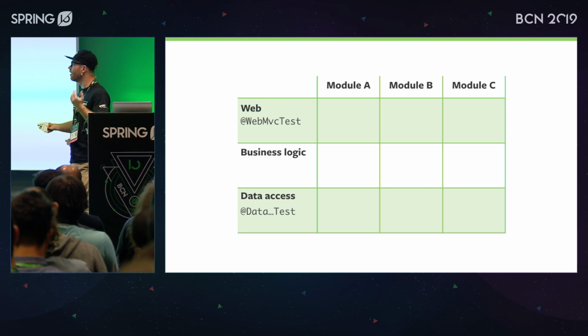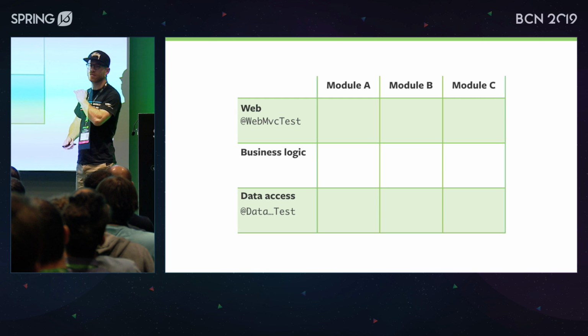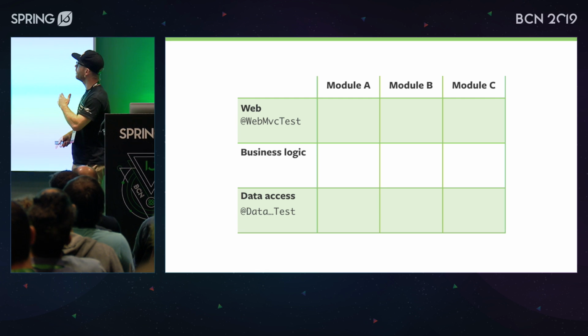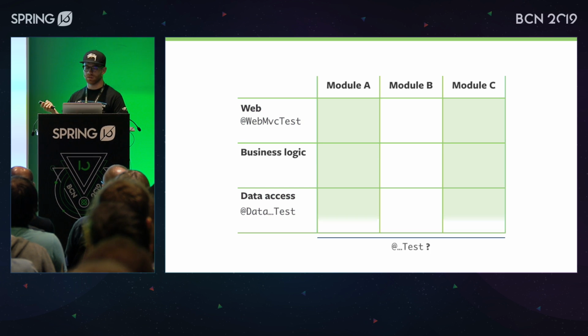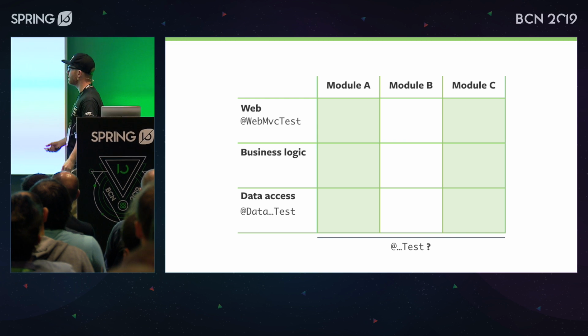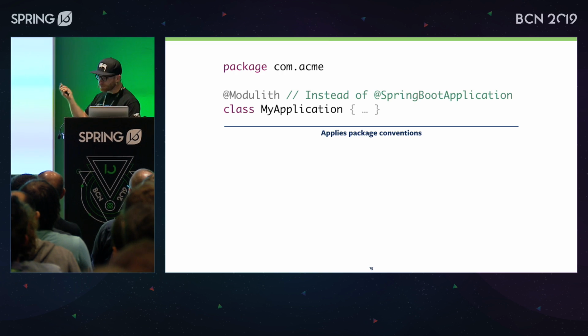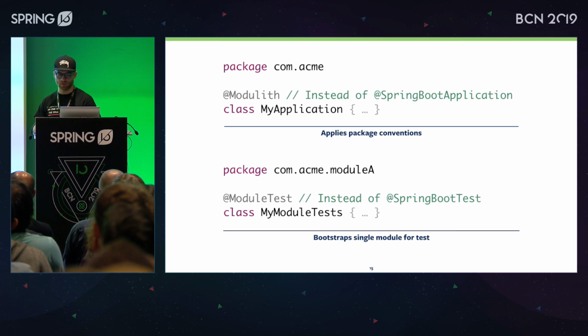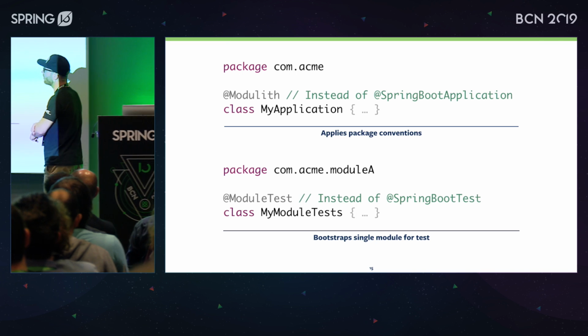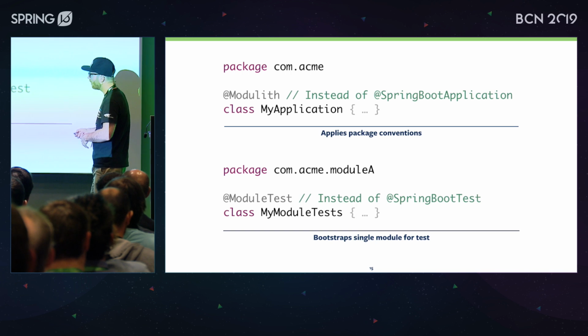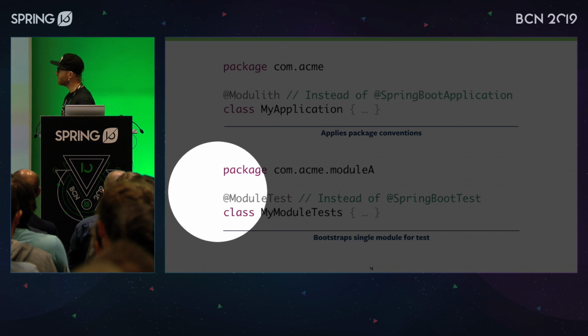So the question is, when we do this for layers, what would prevent us from doing that for vertical slices, for business slices, right? So on that level. And that's basically what, on top of that, the module test annotation basically is. So you'd go ahead and in your integration test, let's go ahead. We have this integration test here.